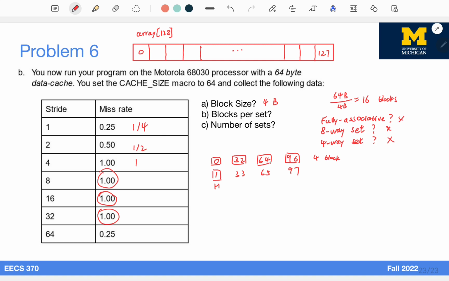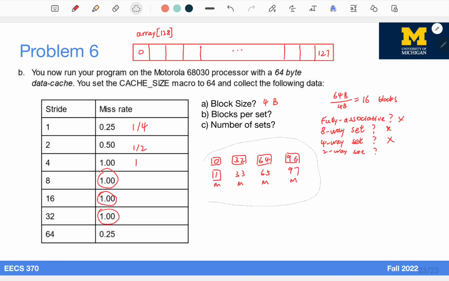We need to further divide this cache into a two-way set associative cache with 8 different sets. Only in that case will our 4 blocks in every iteration not fit inside one set, and we have to evict some old blocks from the cache. After that, we will have a cache miss for accesses to 1, 33, 65, and 97, and have a miss rate of 1.